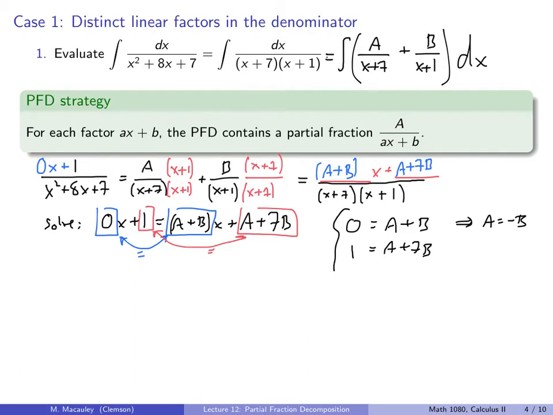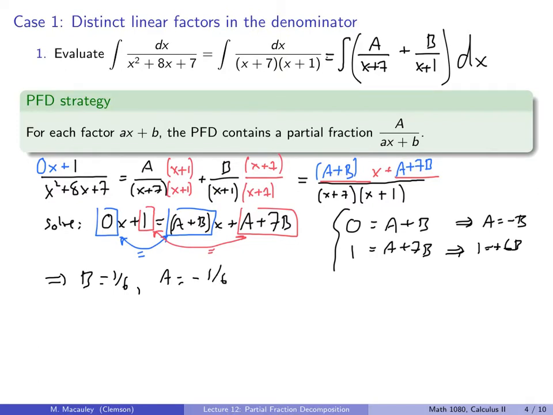So if we plug our negative b in here, we get 1 equals negative b plus 7b, which is 6b. I'm sorry, did I say negative 6b? Positive 6b. So b is 1/6, and a has to equal negative 1/6, since a is negative b.